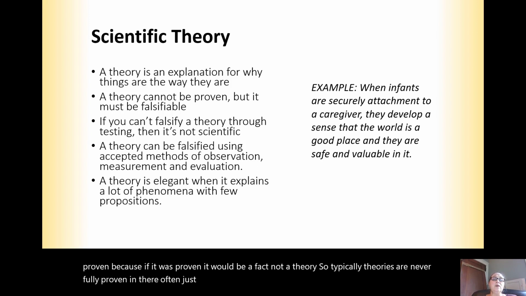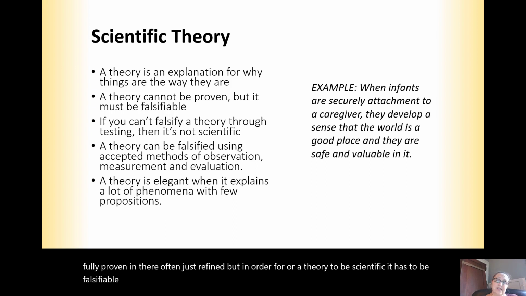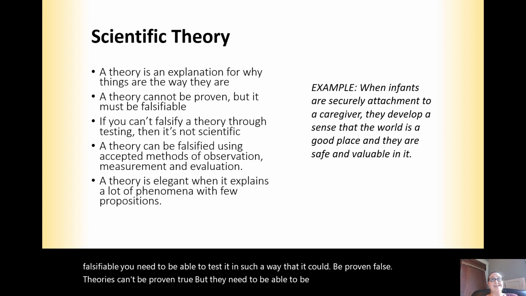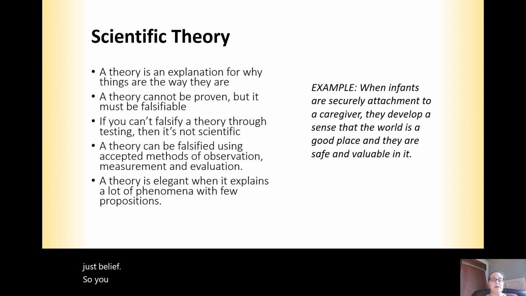But in order for a theory to be scientific, it has to be falsifiable. You need to be able to test it in such a way that it could be proven false. Theories can't be proven true, but they need to be able to be proven false. Otherwise, it's just belief. So there's that.